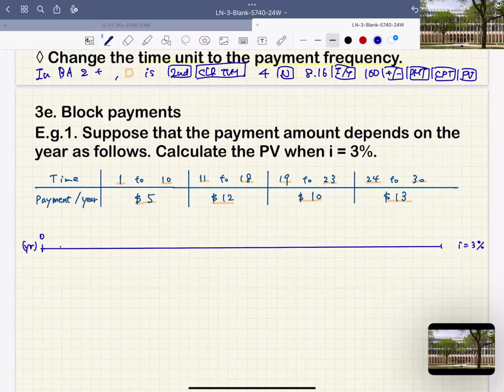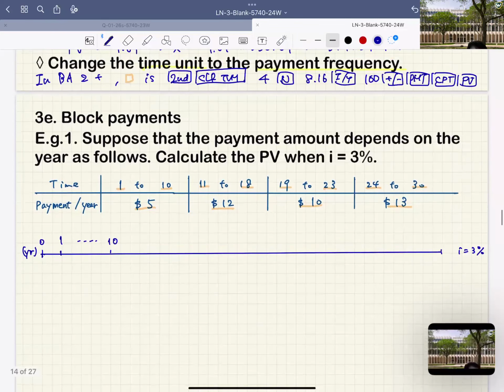For t equal to 1 to 10, the payment amount is, sorry, $5. And 11 to 18, $12 each.